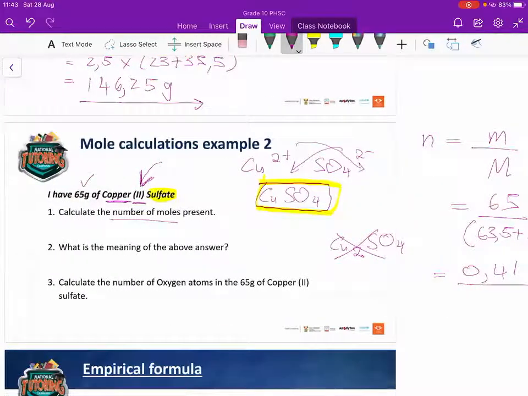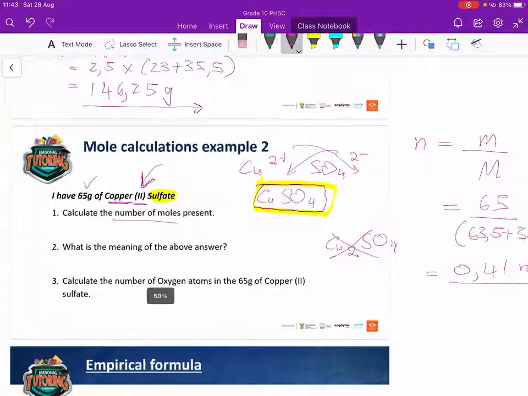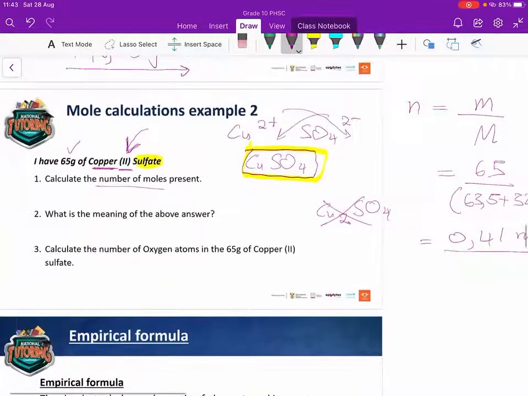What is the meaning of the above answer? Okay, this is a bit of an open-ended question, but it's probing to see whether you understand the mole concept, because it's important. So what does that mean?